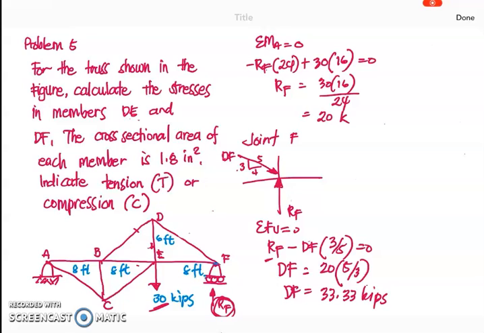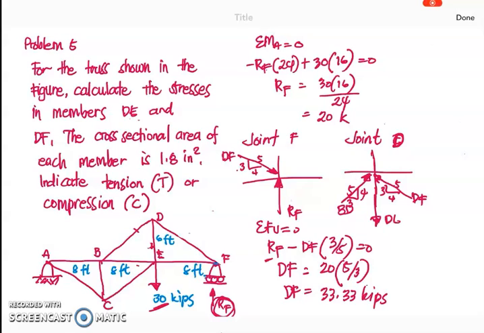And now, what will be the value for our DE? Let's have joint D. At joint D, we can have our forces. You have our force DB, you have our force DF, and of course the slope, this is 3, 4, 5. Let us assume a downward DE. Summation of forces vertical equal to 0.